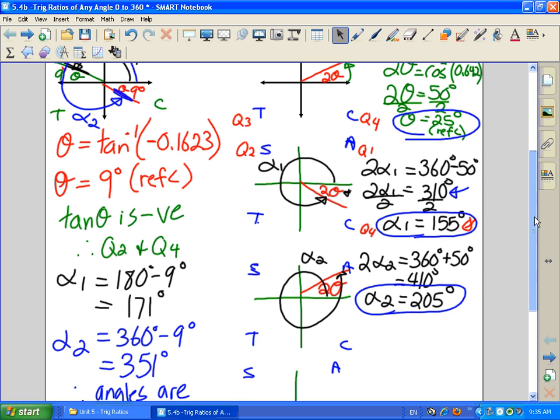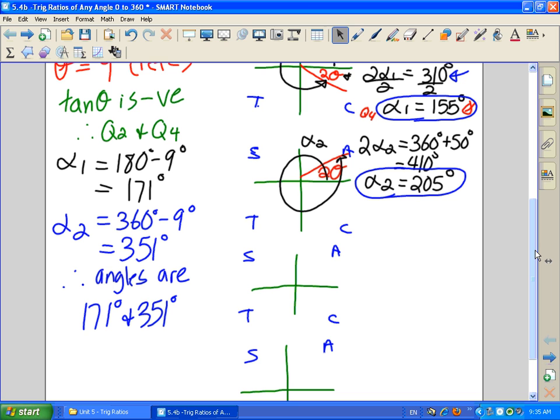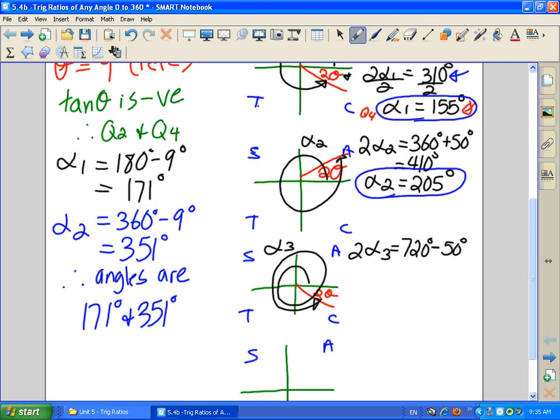So let's put it in quad 4, and again, do a complete rotation to come back to it. So let's put in 2 theta here, guys. We're going to start here, go all the way around and stop there. Let's call this alpha 3. So 2 times alpha 3 is going to equal 720, because that's 2 times around, subtract 50 degrees, which is the reference angle.